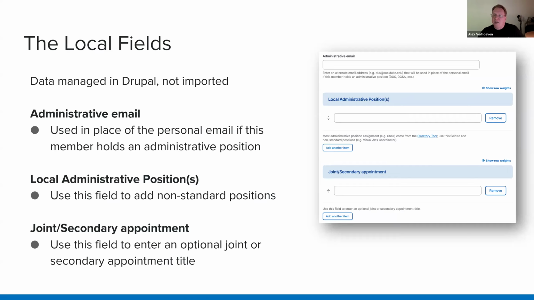Some faculty want to display their appointments in other departments. By default, we only show the preferred appointment and title there. But this is where you would be able to add a secondary or joint appointment should they want to display that information on a profile.